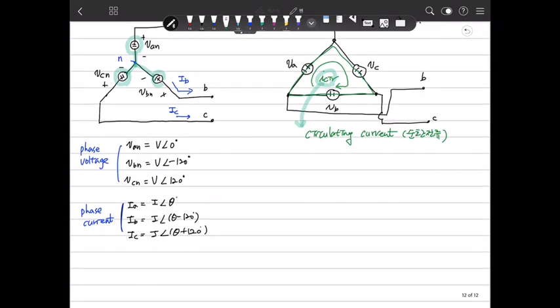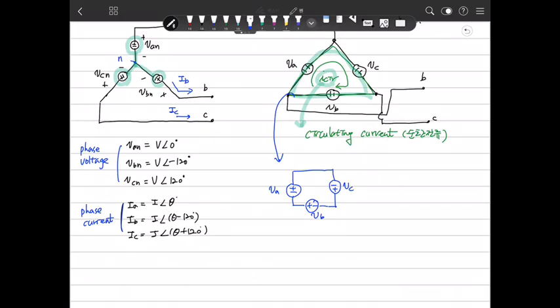So if this loop looks like that, this loop can be represented very simply like VA, VC, VB.